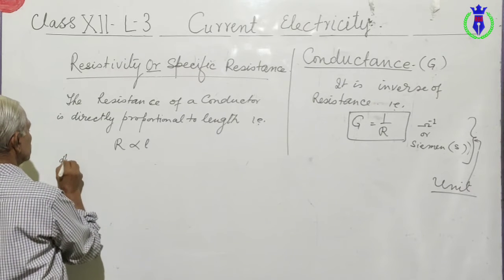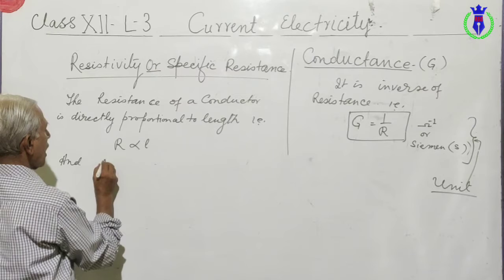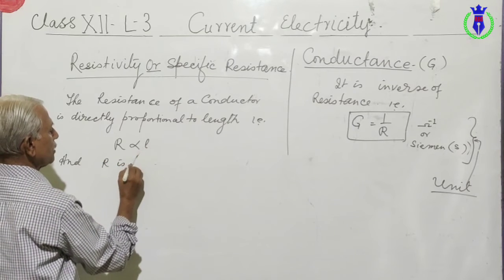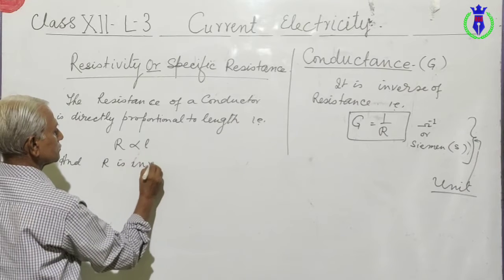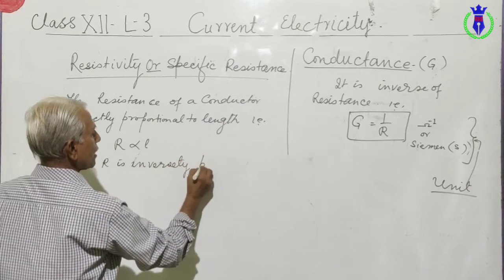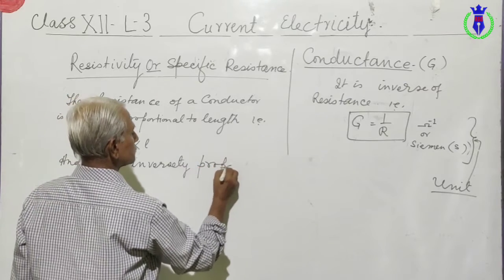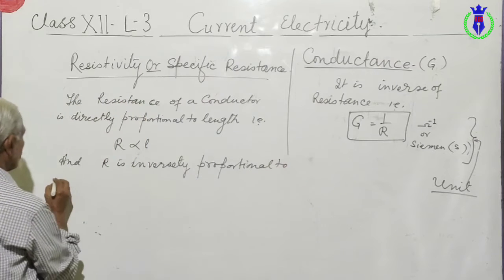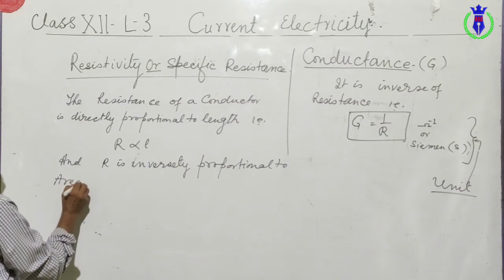And R is inversely proportional to the area of cross section.